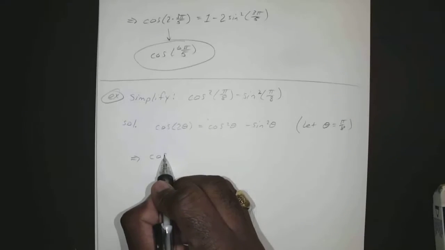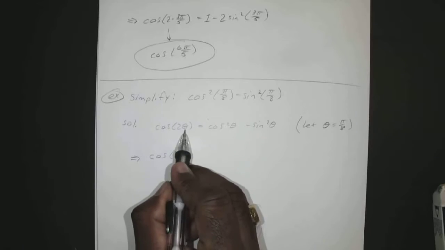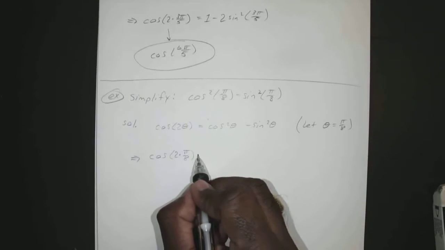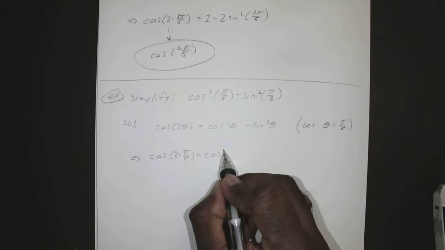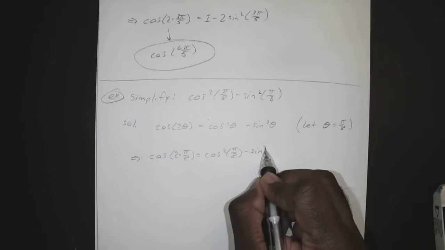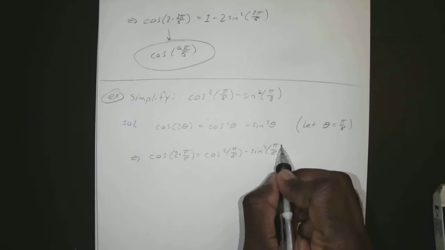So that gives us cosine of 2 times pi over 8 equals cosine squared of pi over 8 minus sine squared pi over 8.